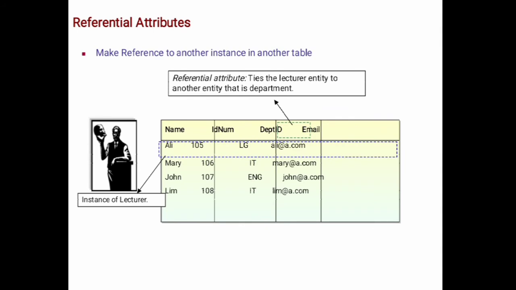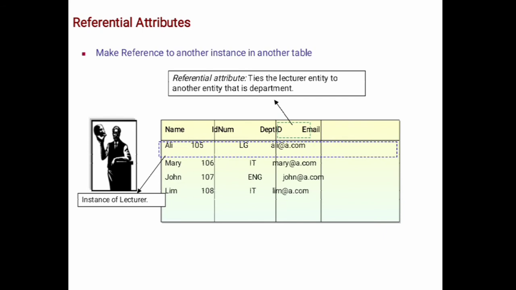Next is the referential attribute. First of all, what is meant by references? Suppose there are two entities. Entities means tables, and they are related to each other. First of all, we should know what is meant by relationship; that will be seen in the next topic. There are four types of relationship: one to one, one to many, many to one, and many to many.